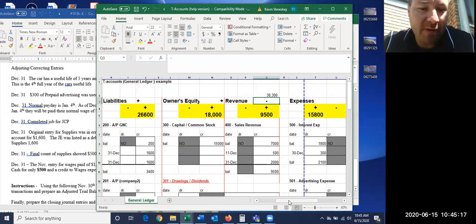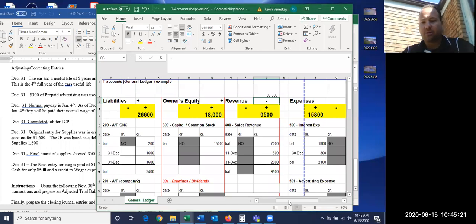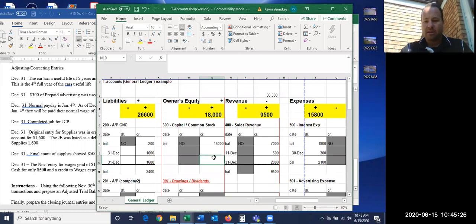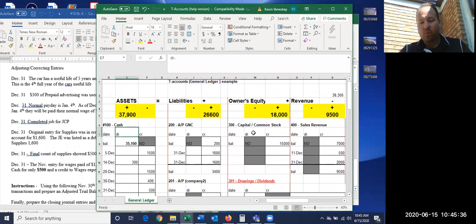And somewhere we've done something incorrect, because our debits don't equal our credits. So this is very common. This happens all the time. And now this is where we need to use our tracking skills and figure out why am I off?